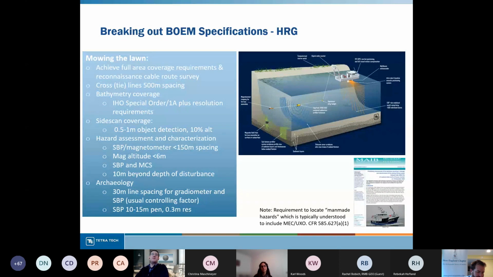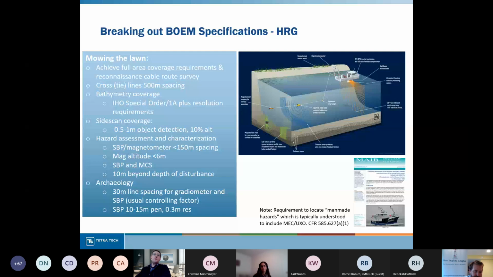And this is driven by individual requirements within the BOEM guidelines, which I've generally summarized here. Overall, they're most interested in the wind energy generating area, and they are also interested in the cable route, although the requirements there are not for hugely extensive survey.